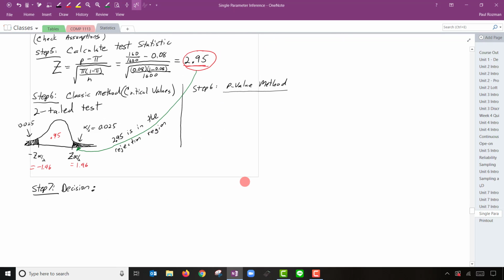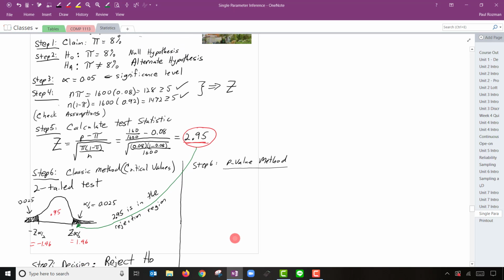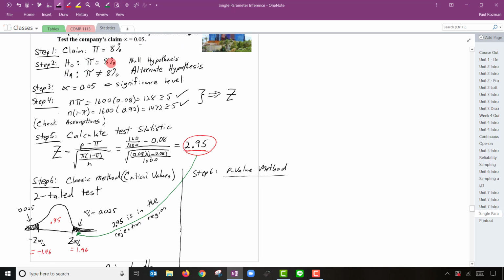Okay. Our decision will be, because this value is in the rejection region or is unusual, we will reject the null hypothesis. Don't mention the claim yet. All we're doing in step 7 is we're evaluating our original null hypothesis. Do we reject this hypothesis or do we fail to reject it?